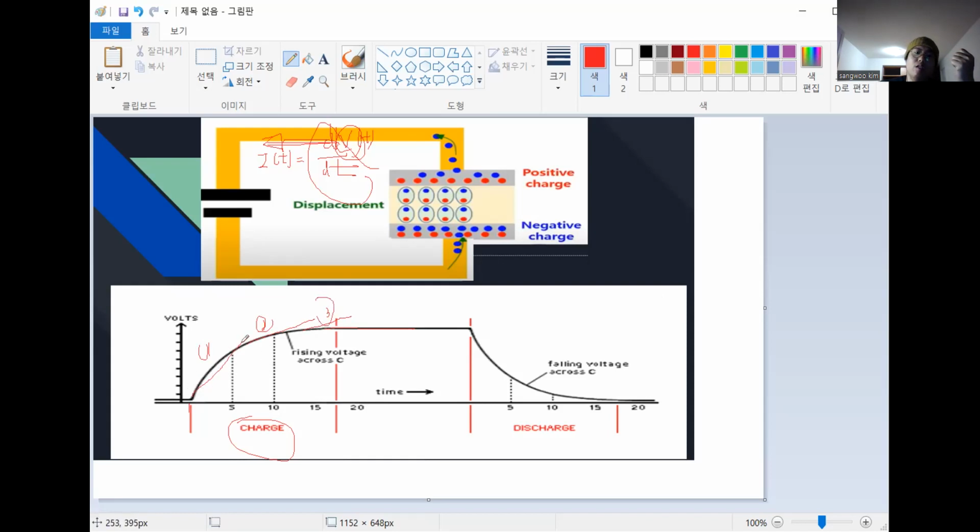The first slope is big, so at first when the switch is closed, the current is large because the slope is sharp compared to the others. The current is like this, because the slope is big, then the second, then the third. This part is the charging part, the transient state.